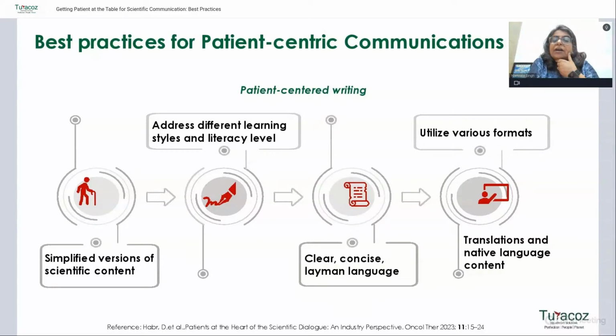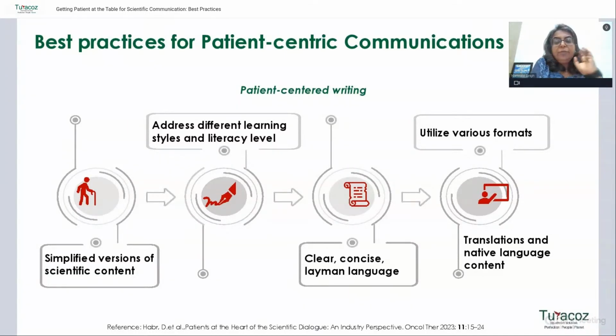Second is addressing different learning styles at different literacy levels. When we are creating content for patients, we have to consider that their literacy level would be different, and accordingly the communication has to be modified. Obviously it has to be clear and concise. We cannot keep open-ended information where the patient is not sure and is not getting all the answers.